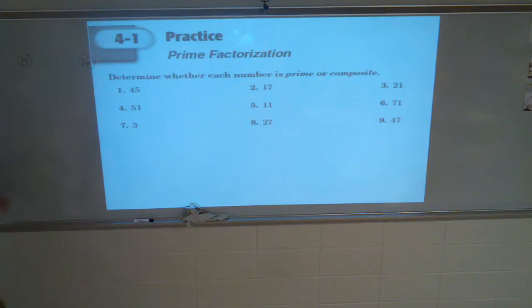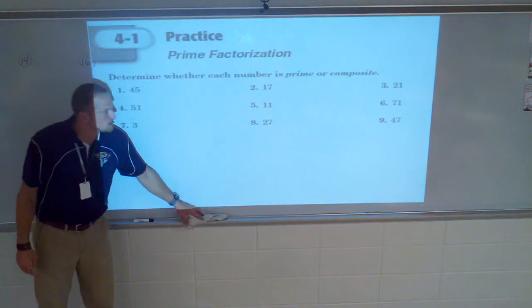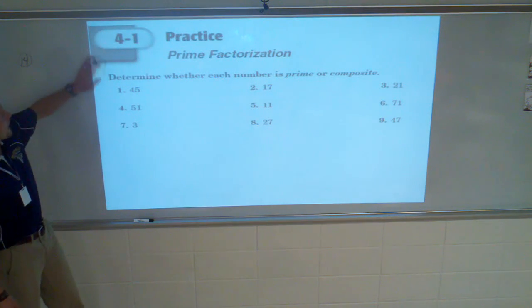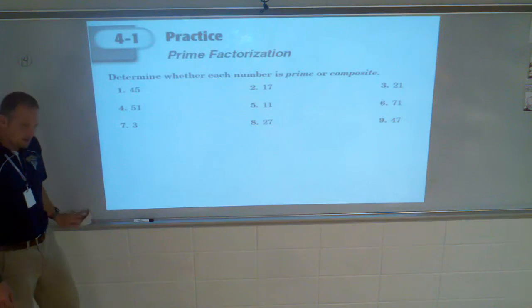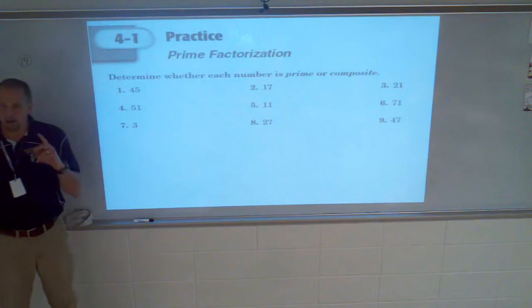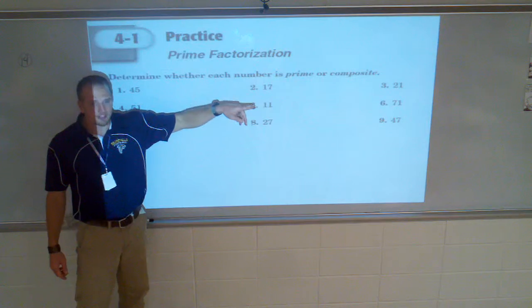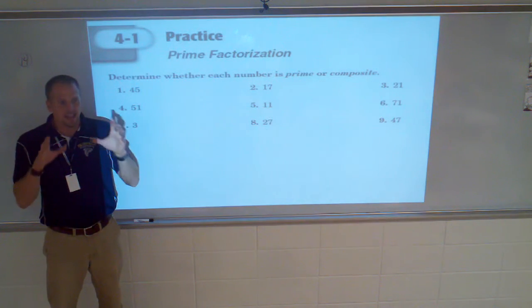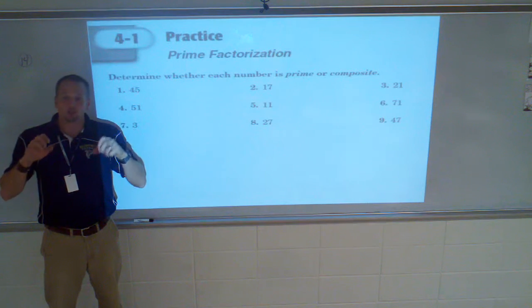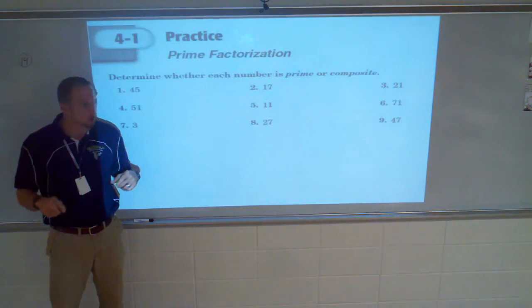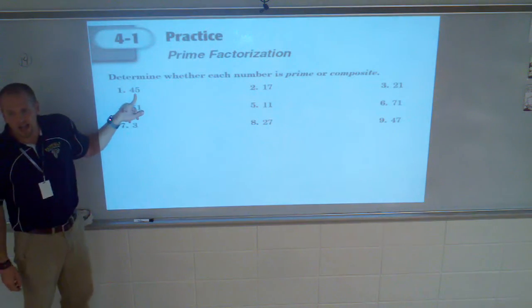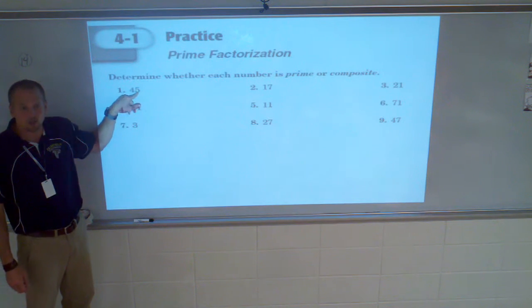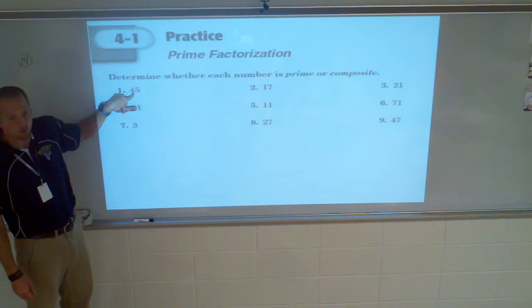Now, first thing that we have to do is determine whether a number is prime or composite. A prime number, like we said, can only be divided by 1 and itself. And a composite number, there are different numbers that you can divide it by. Okay? Like you can split that up, like that Rubik's Cube that you can split up into a smaller piece. 45 is a composite number because we can split it up into smaller pieces.